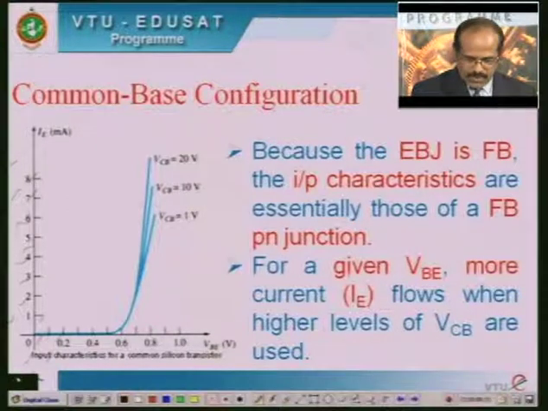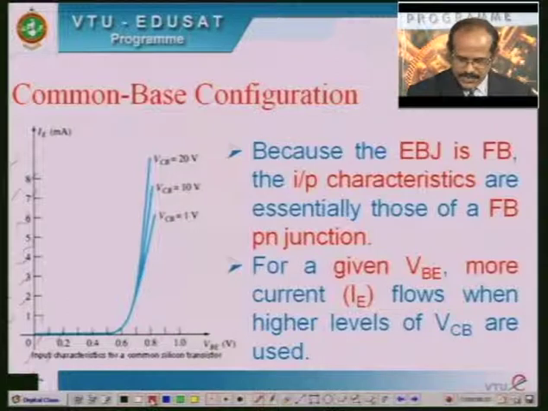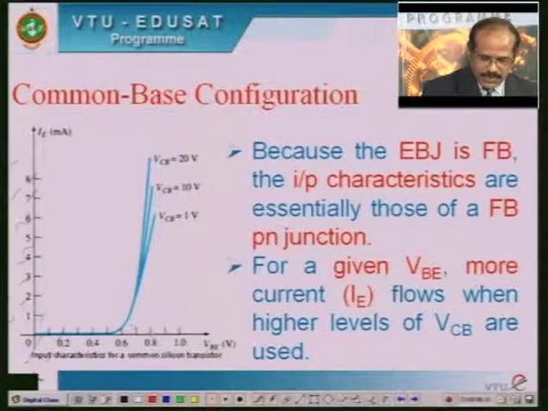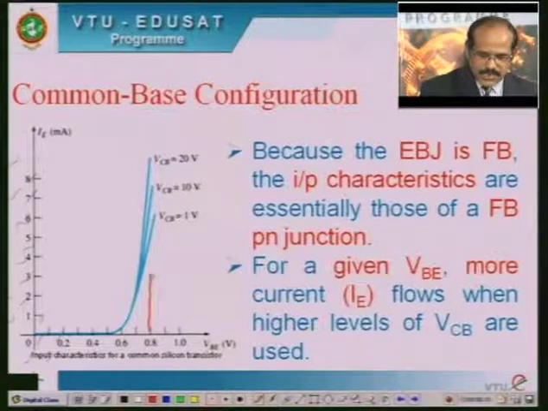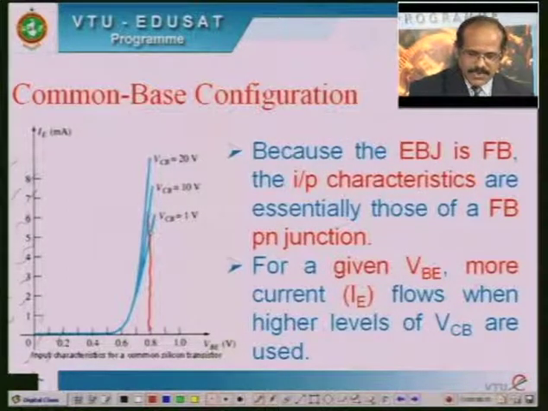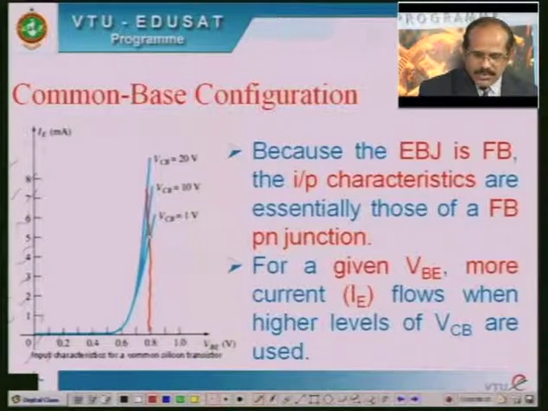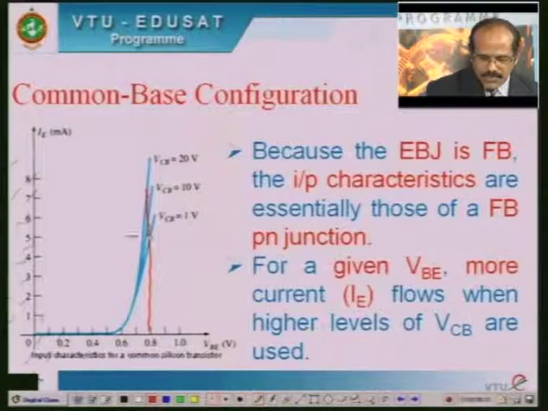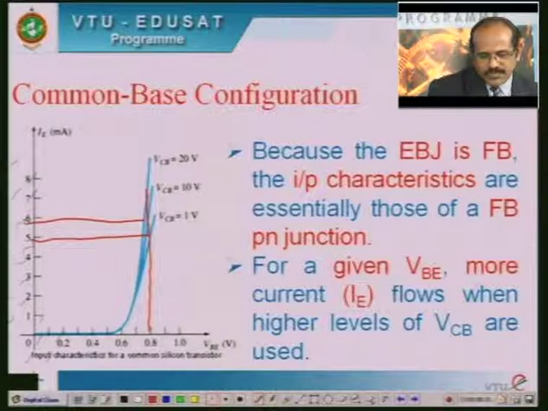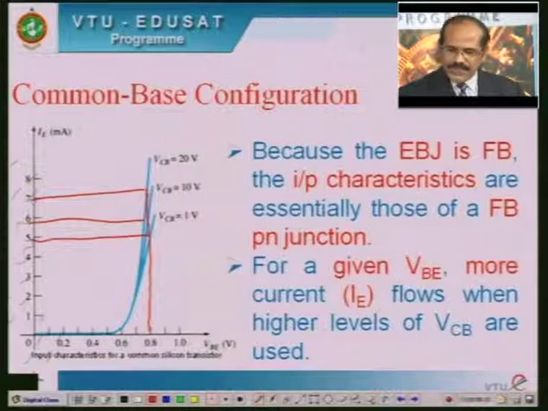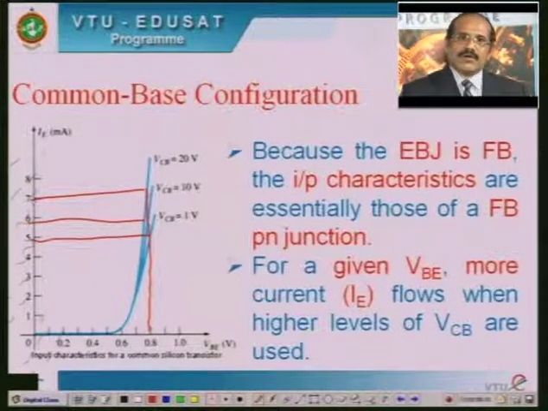The other point to note is that for a given VBE, let us assume 0.8 volts, if you draw the corresponding emitter current, you can observe that more current IE flows when VCB is at higher levels.